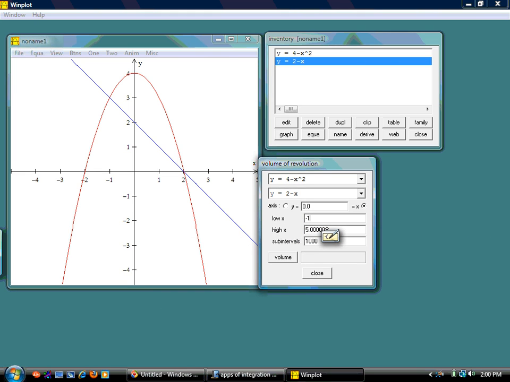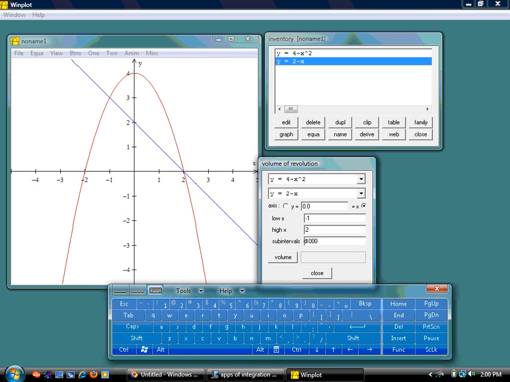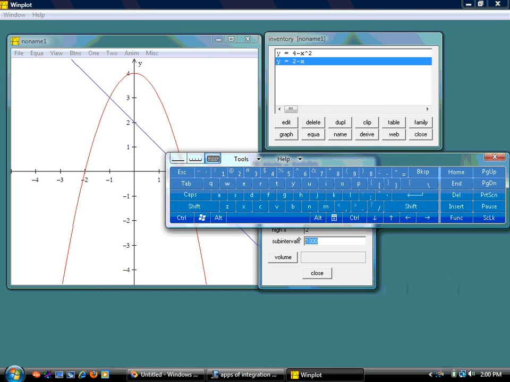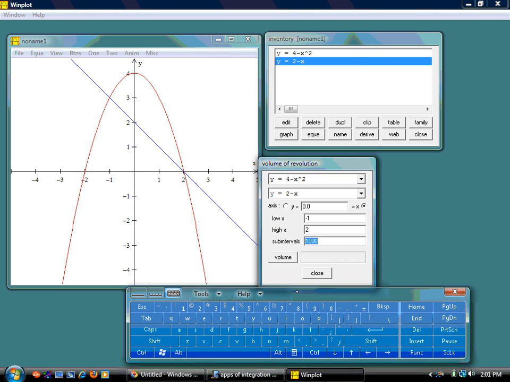It actually builds rectangles, our 1,000 little rectangles, and rotates them.